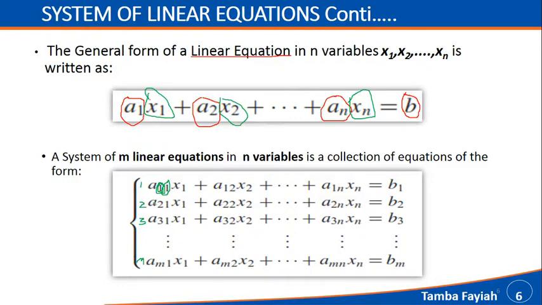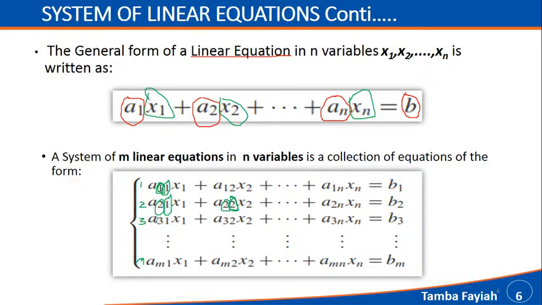This one is the second equation in this system, so we have a2 and then the first variable, a21. Then a22: the first 2 is the second equation, and the second 2 is the second component of the equation, that is the second variable.